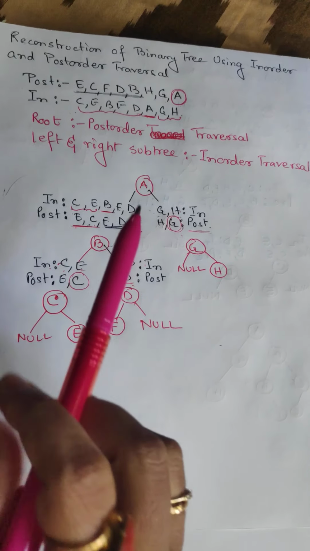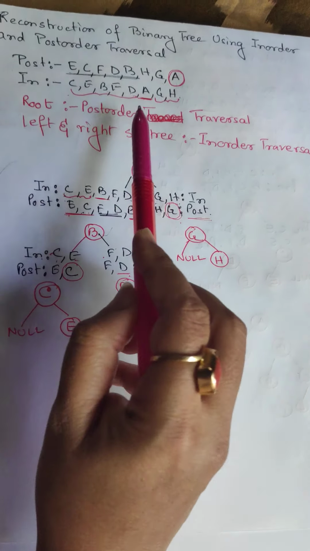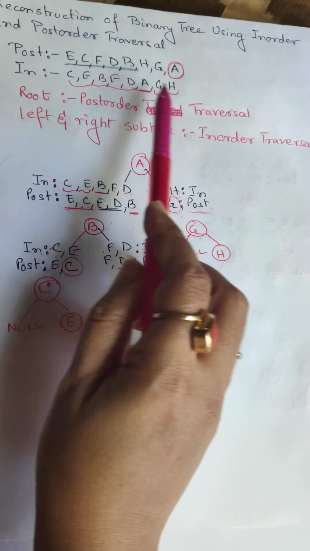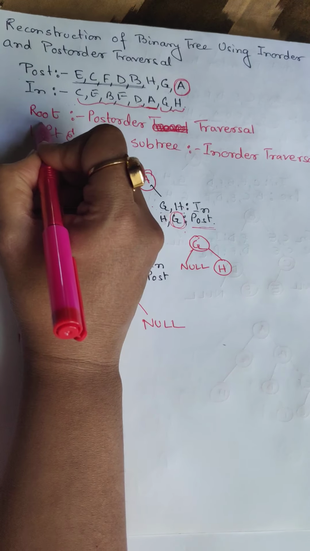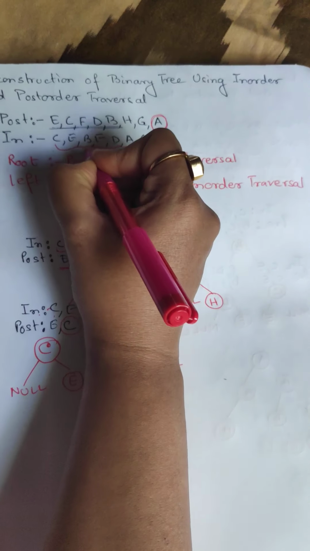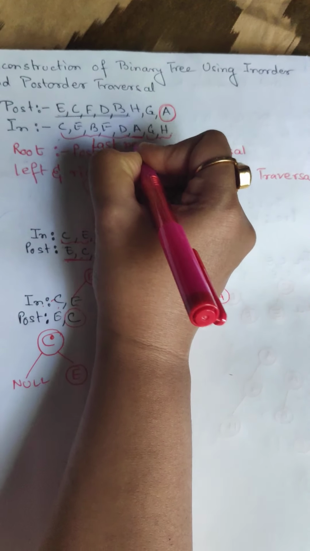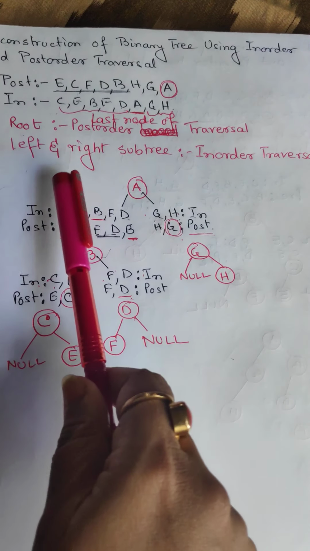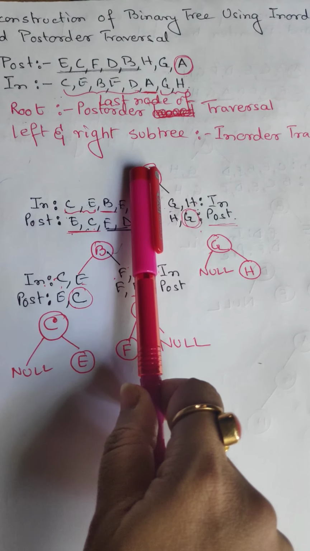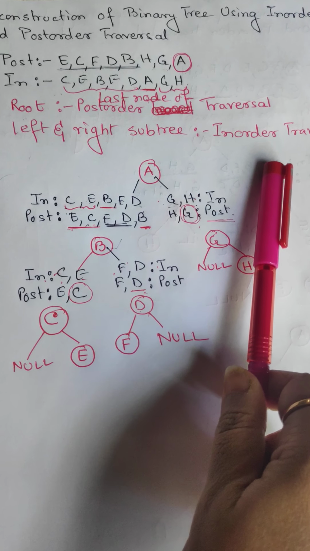So again, for recap, post-order traversal would always give you the root node. And where would you get the root node? You will get the root node as the last node of post-order traversal, and the left and the right subtree would be given to you by the in-order traversal.